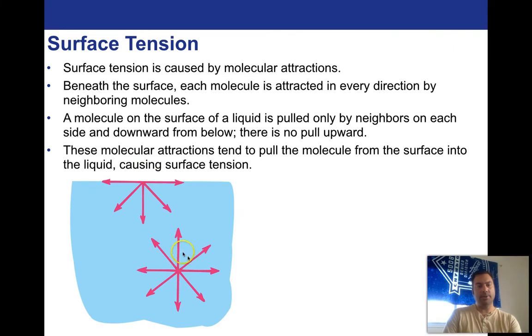Because they're not present up on top, this arrow and this arrow and this arrow are all pulling down on the surface, and these are pulling apart through an attractive force, and of course there's something else pulling towards it, but there's nothing up above to balance it all out. So we have an imbalance in the field strength of the water. These molecular attractions tend to pull the molecules from the surface into the liquid, and that causes surface tension. So this process up here compared to this one, the missing three arrows right here, is the cause of that.